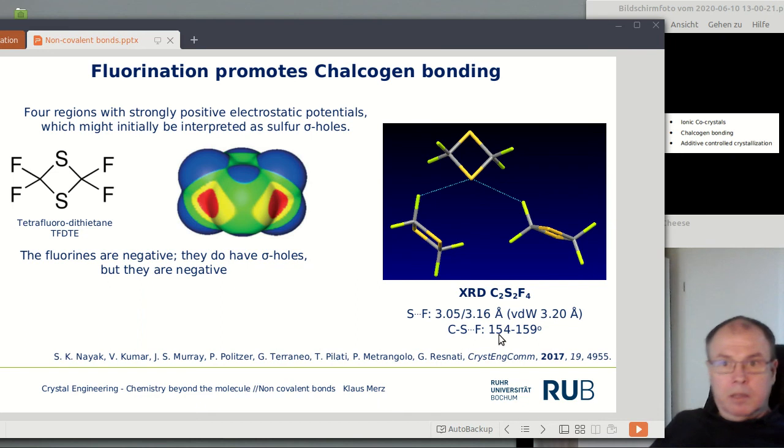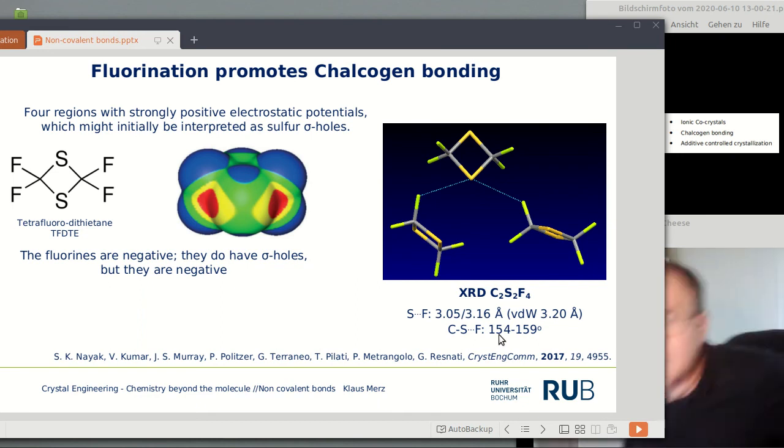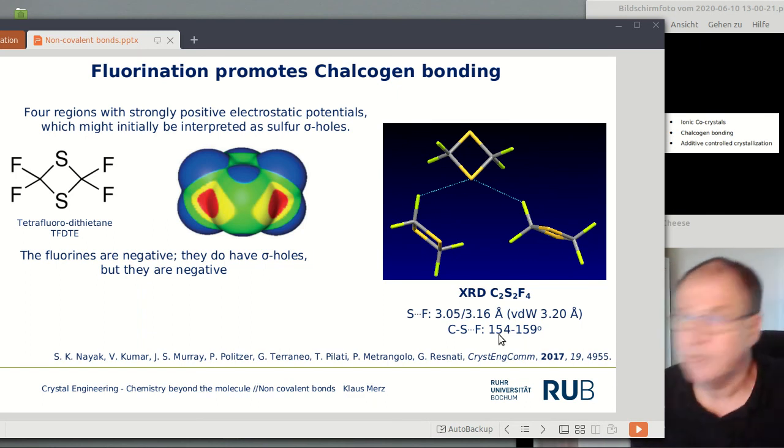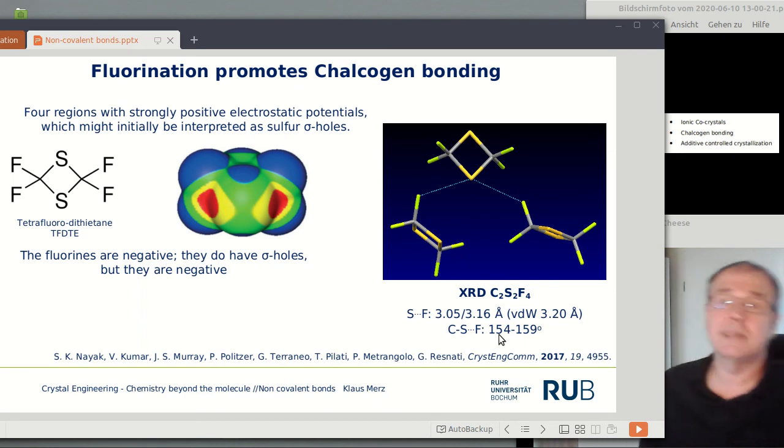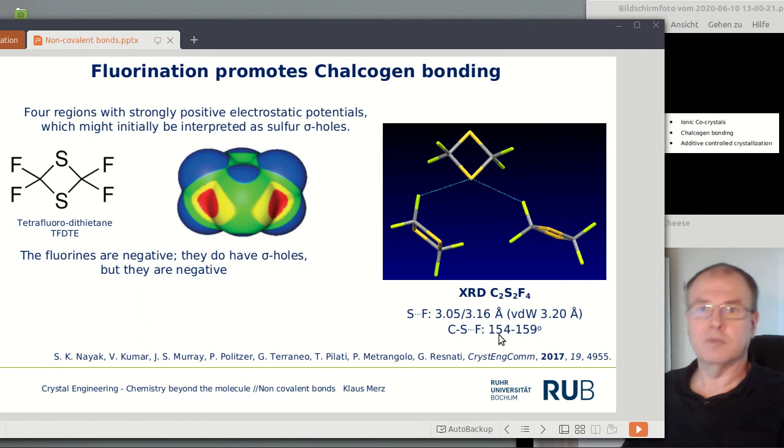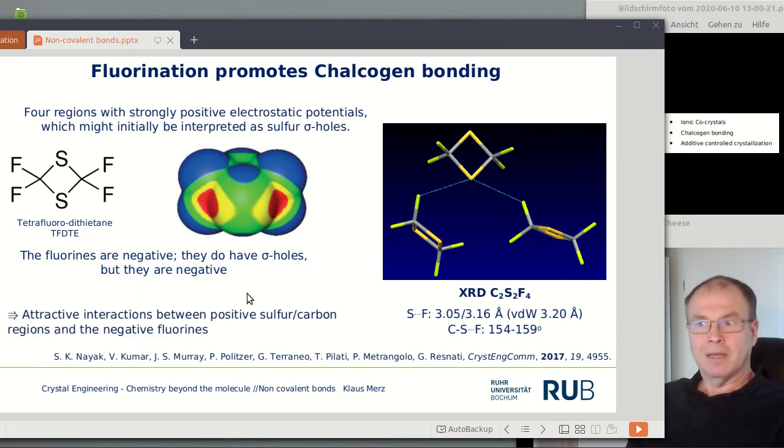The angle is exactly what we would expect, around 155 to 160 degrees, and only a slightly shorter contact in comparison to van der Waals radii. That means you have an attractive interaction between the positive sulfur atoms and the negative fluorines of the neighboring molecules.